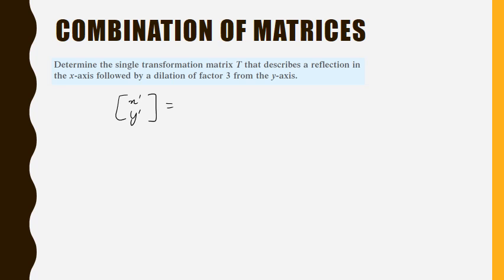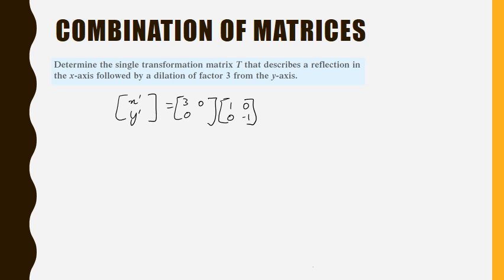Determine a single transformation matrix that describes a reflection in the x-axis. So now the first one is a reflection in the x, so that means our y values are going to become negative, so [[1, 0], [0, -1]]. Followed by a dilation of factor 3 from the y-axis, which is parallel to the x-axis.